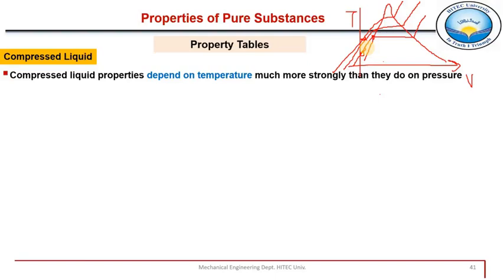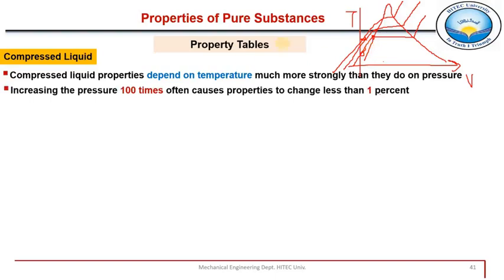The effect of pressure is so negligible that even if you increase the pressure by 100 times, the thermodynamic properties in the compressed liquid region will change by less than 1%. I will redraw it again to clarify this point. For example, these are the pressure lines.